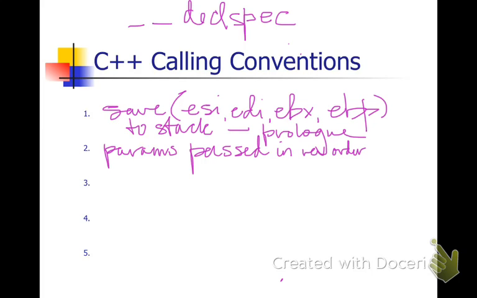Second step. If parameters are being passed, they will be passed in reverse order. That means if I've got 3 parameters, then the rightmost parameter in my list is the first one that's going to be pushed on the stack, followed by the next rightmost parameter, followed by the first one. In the third step, the address of the next instruction, or the return address, which is, at this point, what is in EIP, is going to be pushed on the stack.